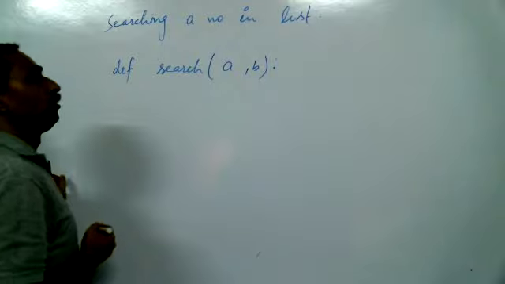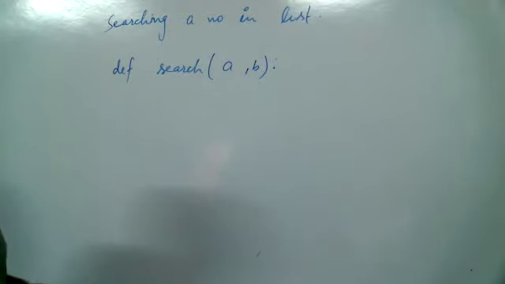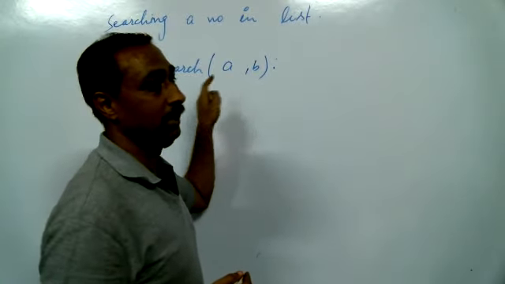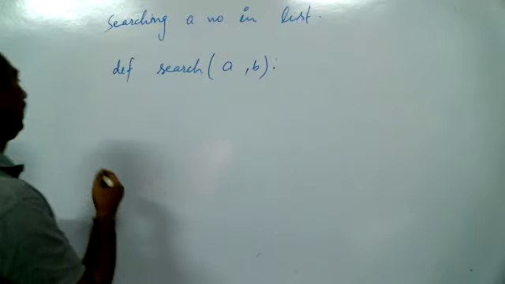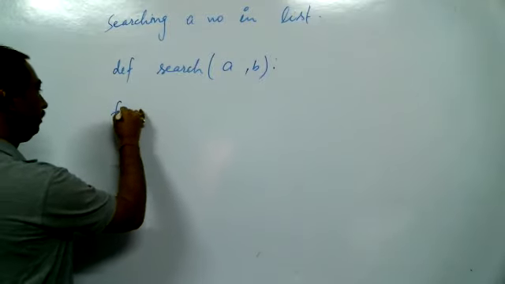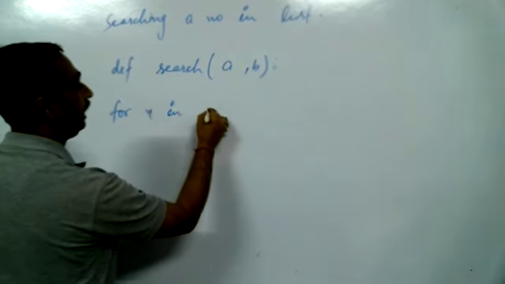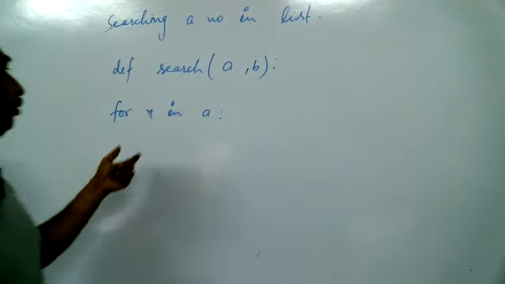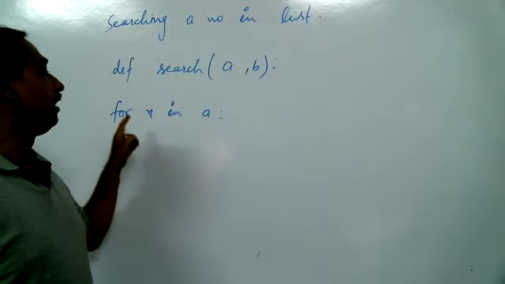Okay, so directly we have to use a for loop for accessing each and every member of the list. So I am going to take a variable: for x in A. What will it do?